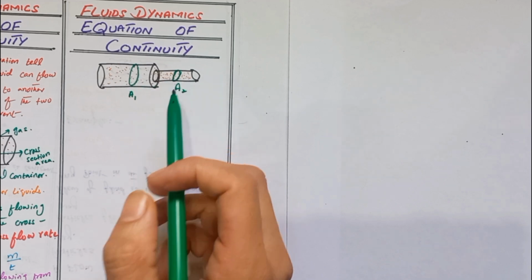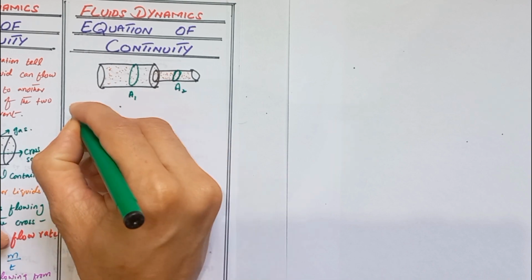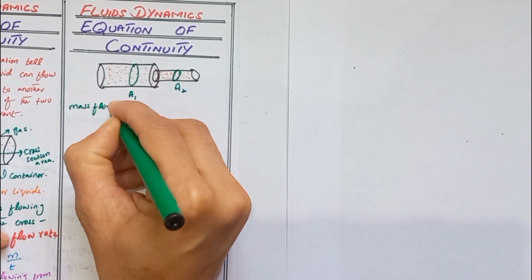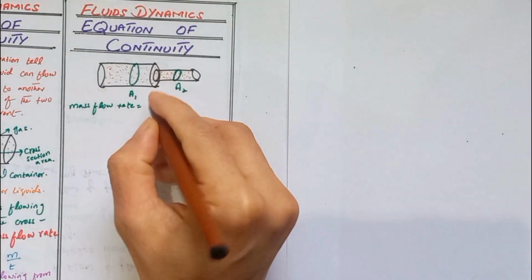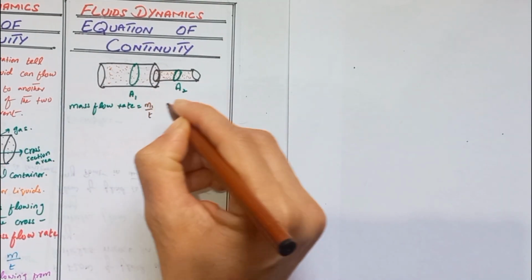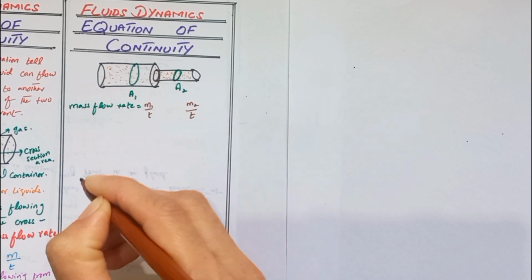Now this means that the mass flow rate in the first container is m1 over t, and in the second container it is m2 over t.